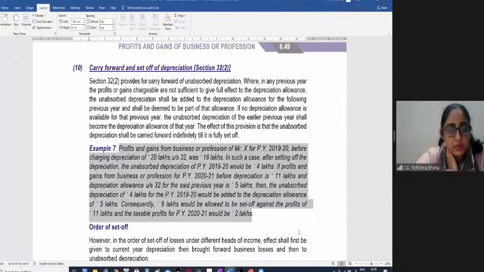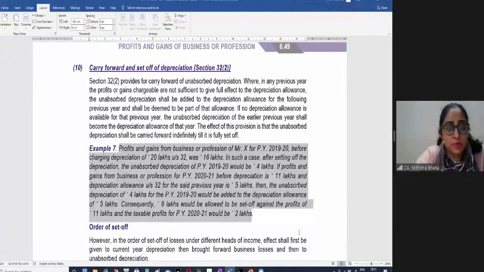If profits and gains from business or profession for previous year 2020-21 before depreciation is 11 lakhs and the depreciation allowance under section 32 for the said previous year is 5 lakhs, then the unabsorbed depreciation would be added to the depreciation allowance.